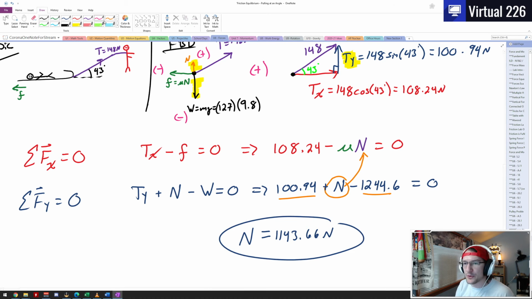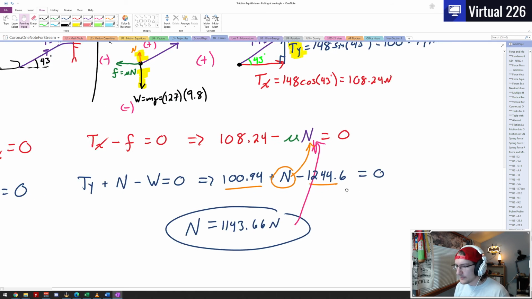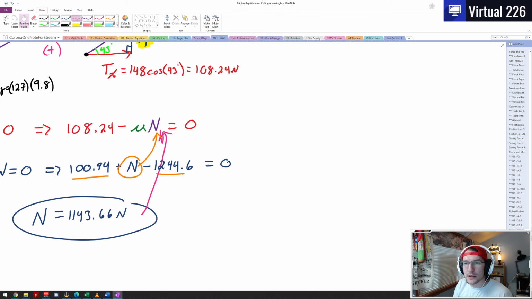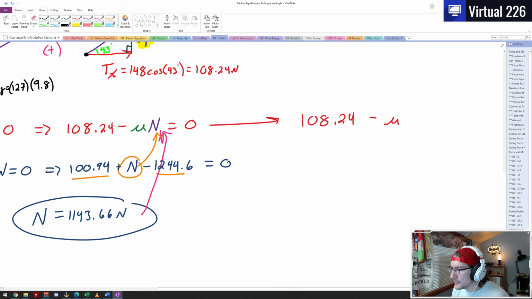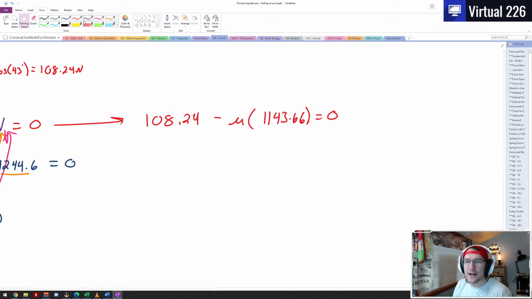We can take this value and plug it back up here. So if we continue our x direction again, we have 108.24 newtons minus mu times 1143.66 equals 0. And at this point, we just have to solve this math. This math is actually pretty straightforward for us to solve.